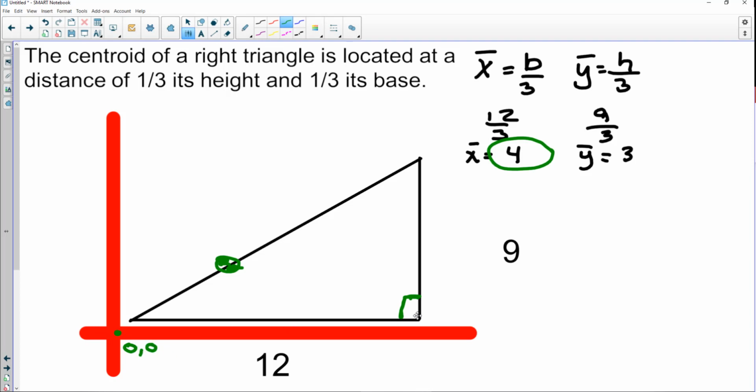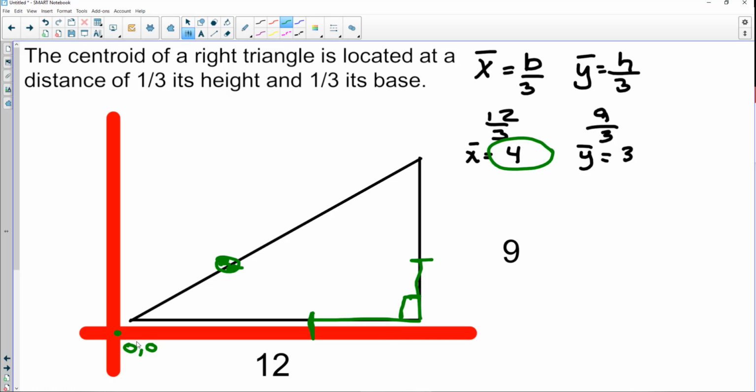So we take 12 divided by 3, and we get 4. So we're going to go 4 from the right angle. We're going to start at the right angle, and we're going to go over 4. Okay, and same thing here. We're going to do 9 divided by 3, and we're going to go up the y-axis, because we're going to count from the right angle. So from the right angle, I'm going to go up 3.